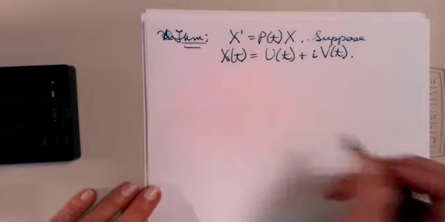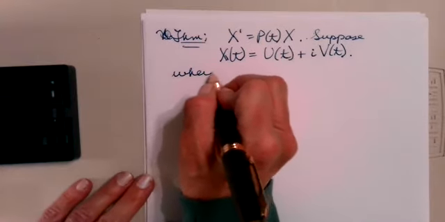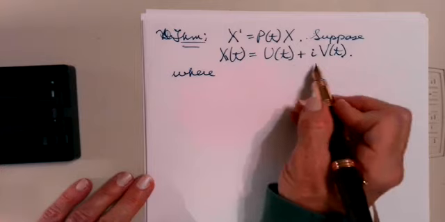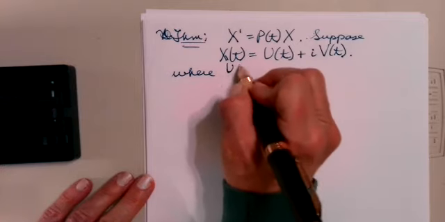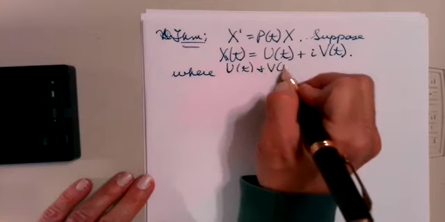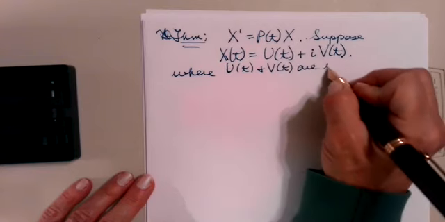So it can be written as u plus iv, where u of t and v of t are real valued functions.